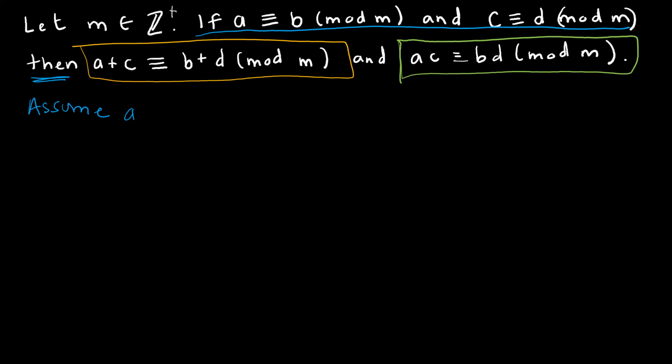So assume A is congruent to B mod M. Then, what does it mean to be congruent? Then I can say that A is equal to B plus Km for some integer K.